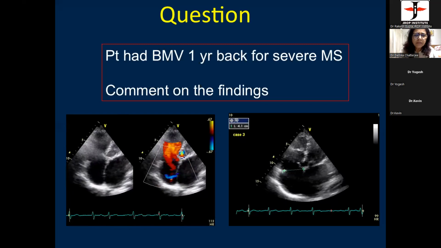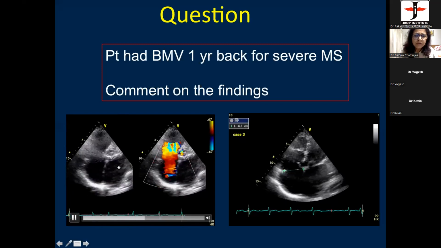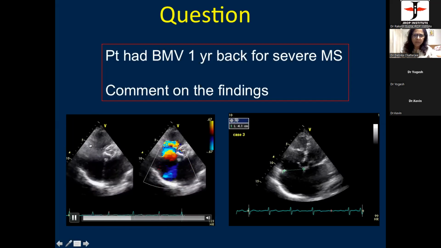Sorry, ma'am. The right one is left atrium and the left one is right atrium. This is left atrium, interatrial septum, and right atrium. Okay, fine. I am in an off-axis view because I wanted to show which valve? Tricuspid valve.